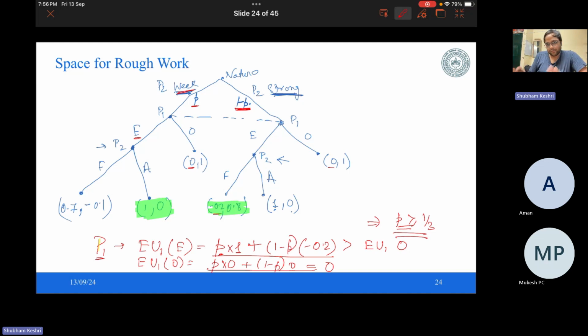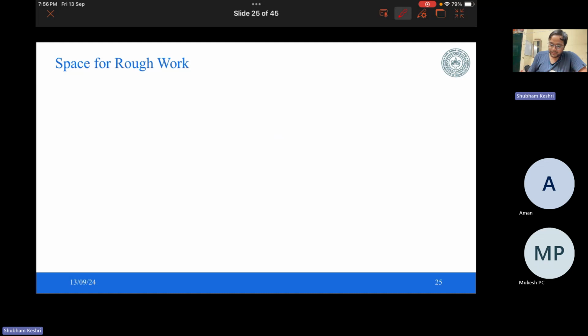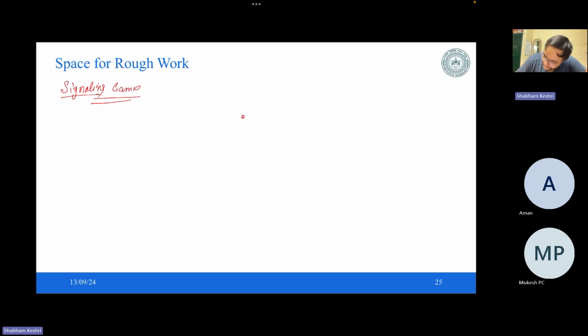This is the same as what we discussed in the previous class. The game becomes interesting when it is a signaling game. We will just draw the same diagram.